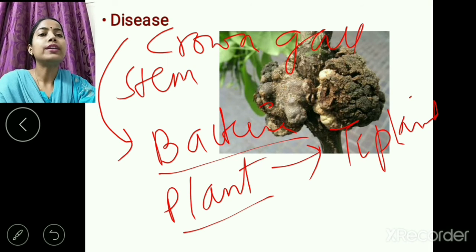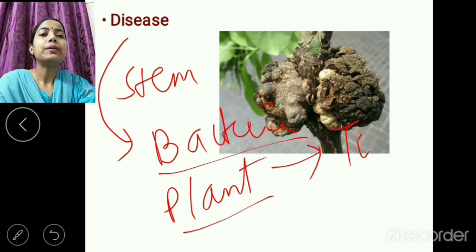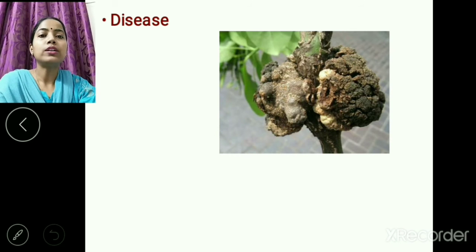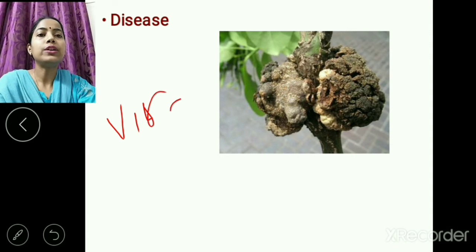Why are we calling it crown gall disease? Because when it transfers its genetic material from the Ti plasmid, it transfers its tDNA region carrying the virulent genes. In short, we call them Vir genes. These Vir genes, what do they do?